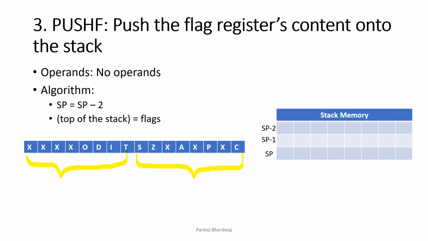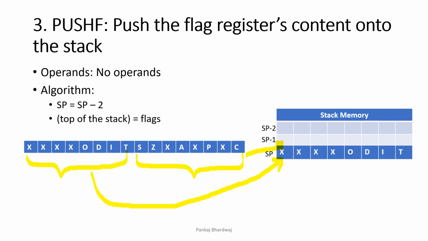So when we are pushing the flag onto the stack, the high order byte will be moved to the location below SP first. Then the low order byte of the flag will be moved to the next location, and SP will now become SP-2. After this PUSHF operation, SP will be pointing to SP-2.